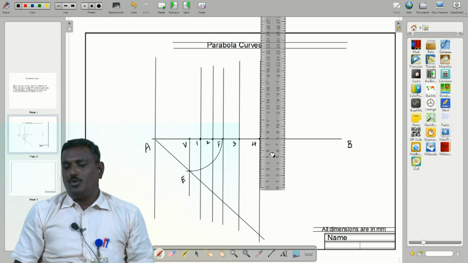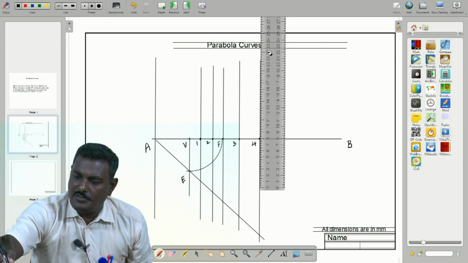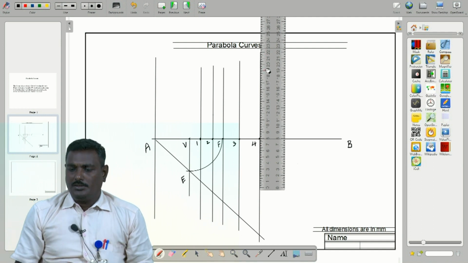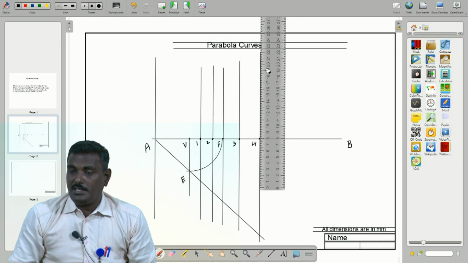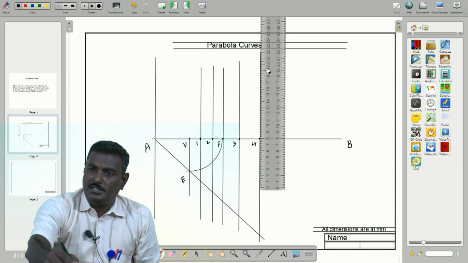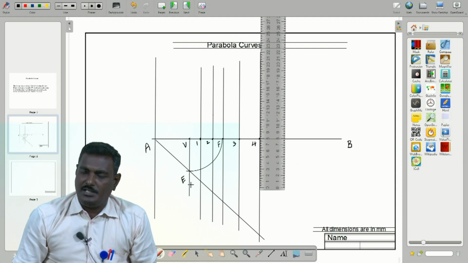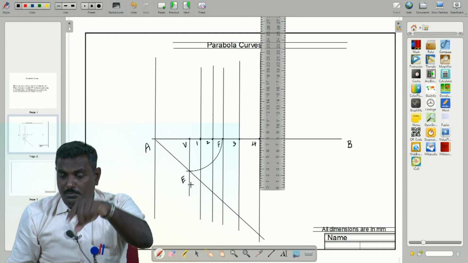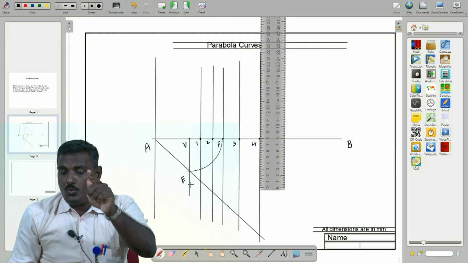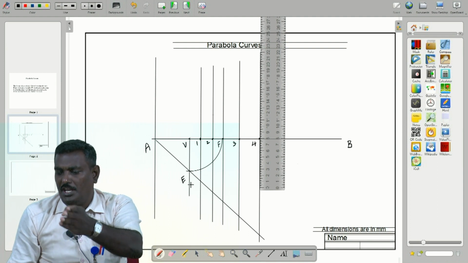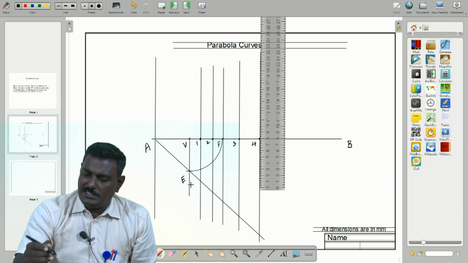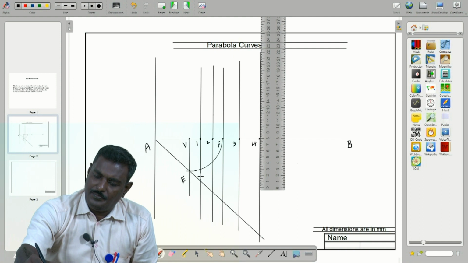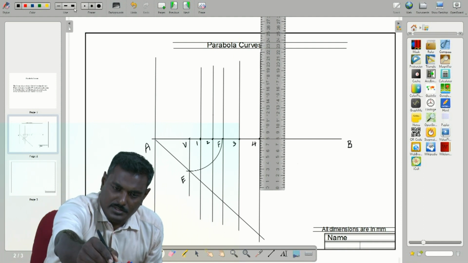Above and below we have to draw a vertical line. Those vertical lines intersect AE extended. Try to see AE extended, that line is intersected by the lines drawn from 1, 2, F, 3 and 4.